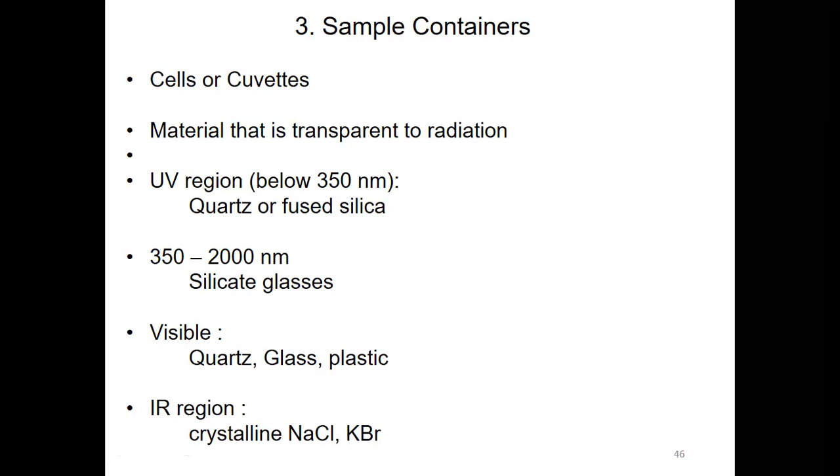Most of the time, the containers can be cuvettes or sample cells, and cuvettes and cells are both the same. And also, this sample container should be made up with material that is transparent to radiation.